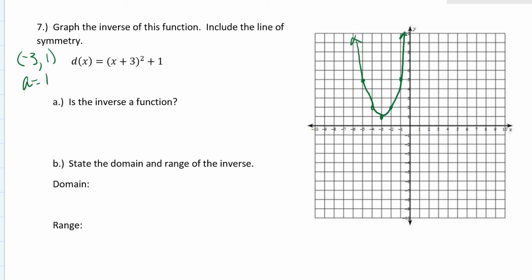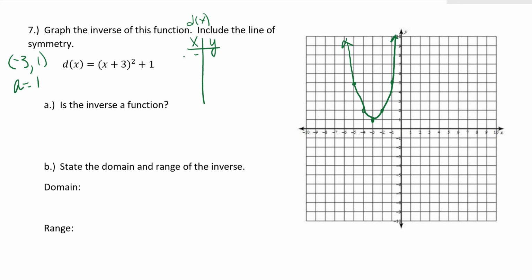Now we want to graph the inverse, so I could take these points that I made with my original function. This is d of x, and I've got -5, 5, -4, 2, -3, 1, -2, 2, and -1, 4.